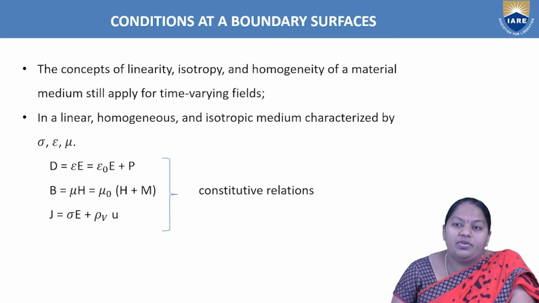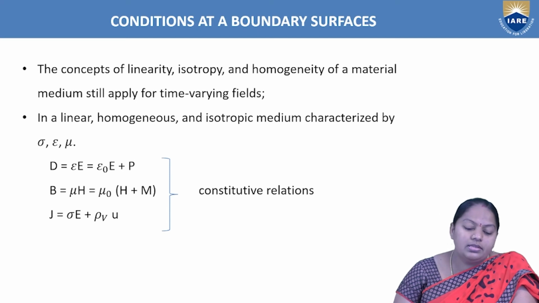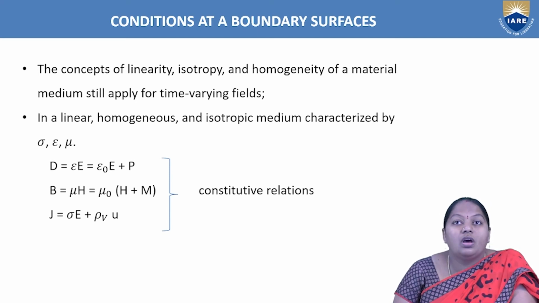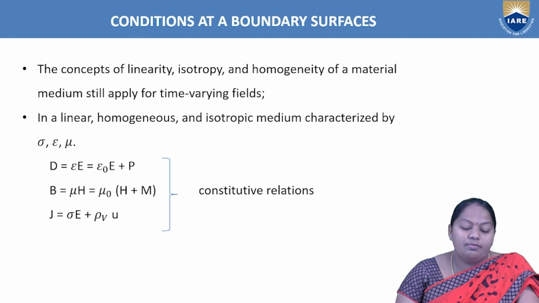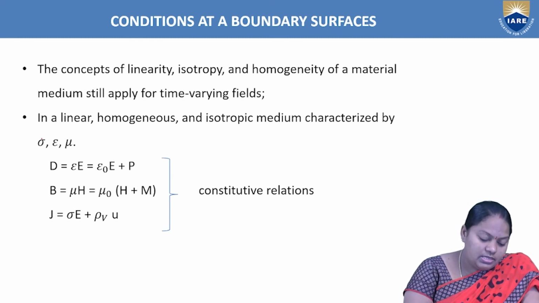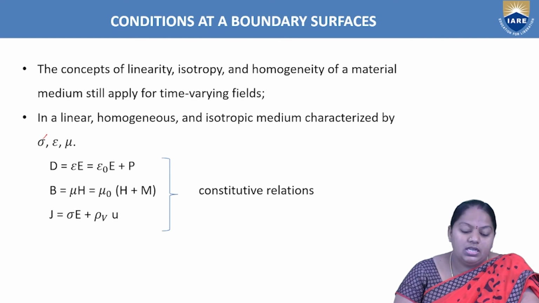So, conditions at a boundary surface. In order to derive boundary conditions, we are supposed to consider two different boundaries or two homogeneous boundaries. Hence, the concepts of linearity, isotropy and homogeneity of a material or medium still apply for time varying fields. In a linear, homogeneous and isotropic medium characterized by sigma, epsilon, mu, sigma is the conductivity of the material, epsilon is the permittivity of the material and mu is the permeability of the material.